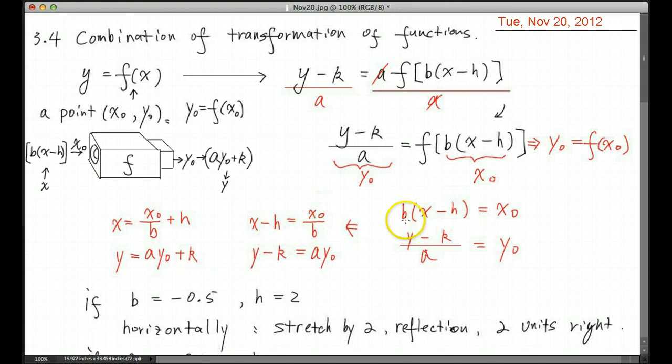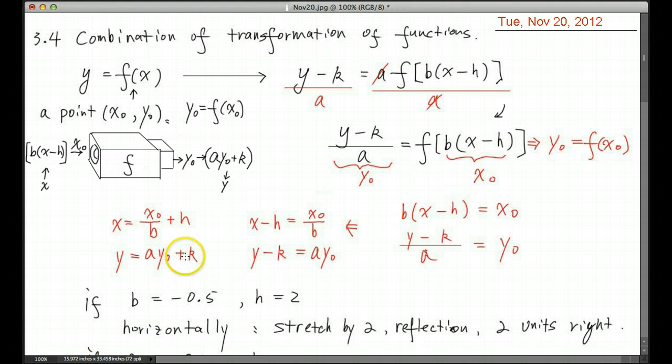You divide by b on both sides, you get this, and then you add h on both sides, so eventually x is isolated: x equals x0 divided by b plus h. Same thing for the y. This part equals y0, so we isolate all the way: y equals a y0 plus k, right?